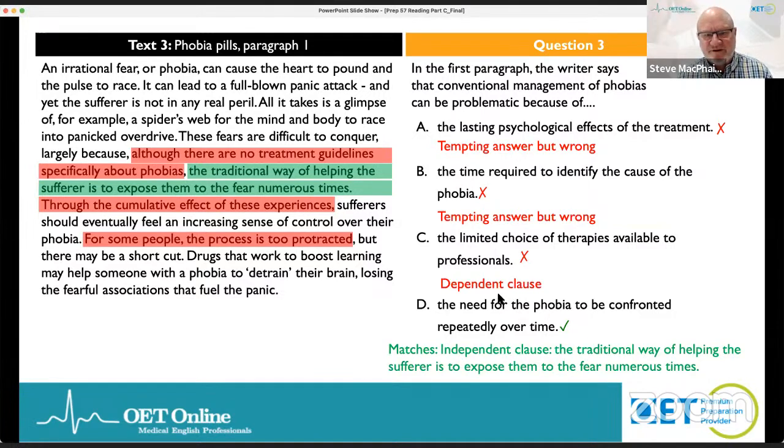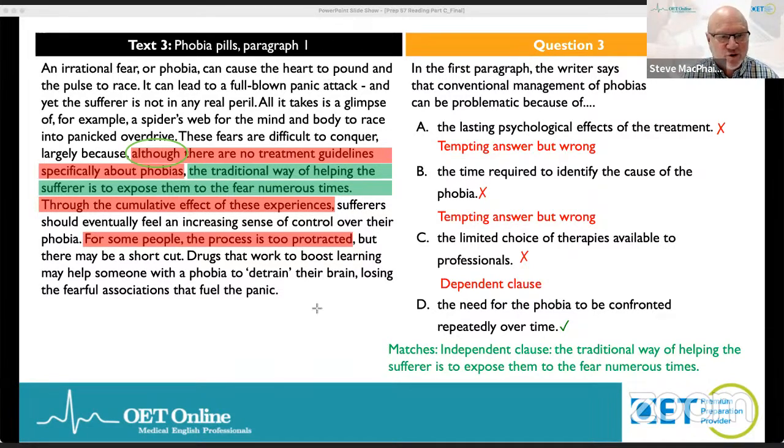And remember this, everyone, this is a dependent clause. We know it's a dependent clause because it starts with the word although. So you've got to know your grammar, everyone. As soon as you see something is a dependent clause, that is a sign to you that there's a good chance this is not the answer, because answers are in the independent clause, which comes after the comma.